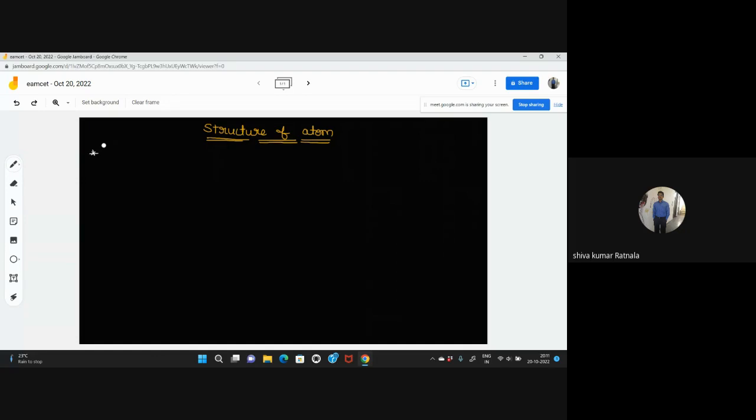After that, experiments showed that the atom is also divisible into small particles like electron, proton, and neutron.